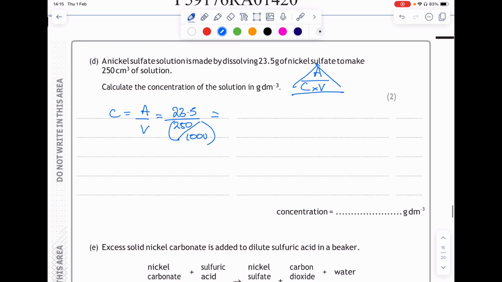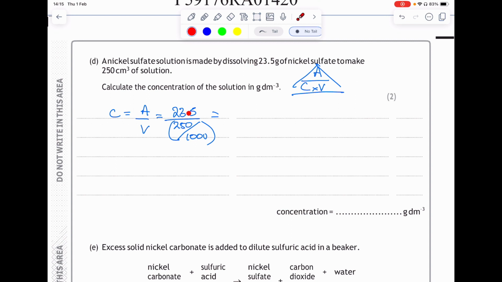The next one is a calculation. It wants us to calculate the concentration of this solution. So this is my triangle. This is a chicken vindaloo, which is amount, concentration, volume. We're trying to find the concentration. So concentration is amount divided by volume. So that's what we've got written here, amount divided by volume.